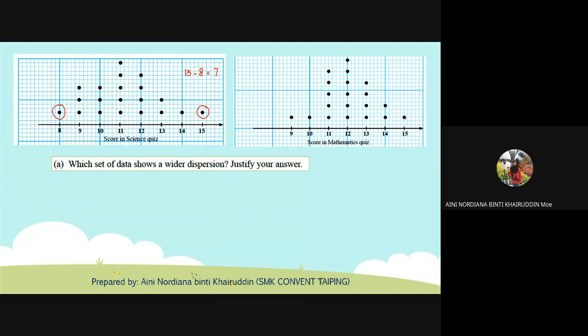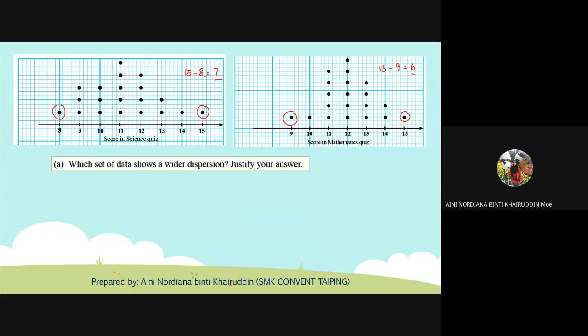Kalau untuk mathematics quiz, highest 15, lowest 9. So 15 minus 9 equals to berapa ni? 6. Okay. So tengok value dua ni, 7, 6.